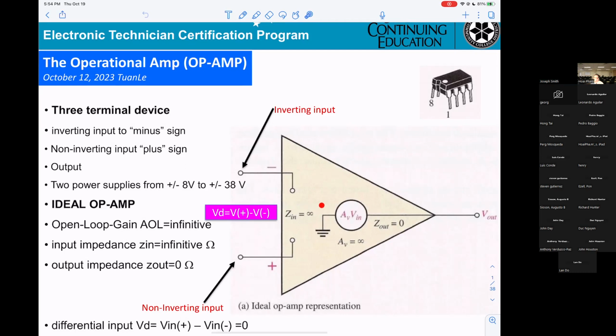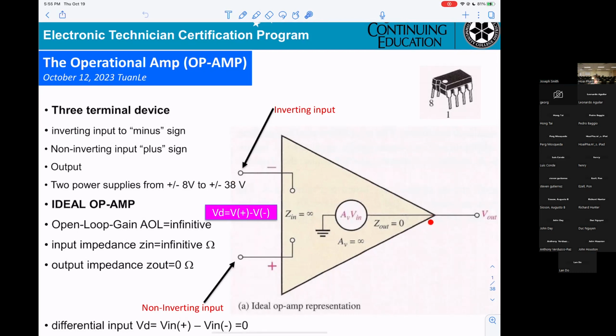That's only telling you the input has a very big resistance, so the current cannot go into the op-amp. The impedance is too big.